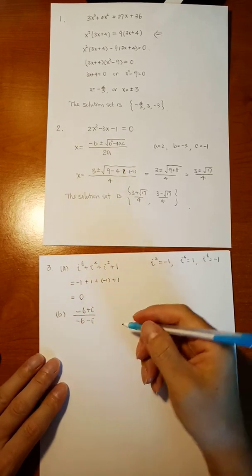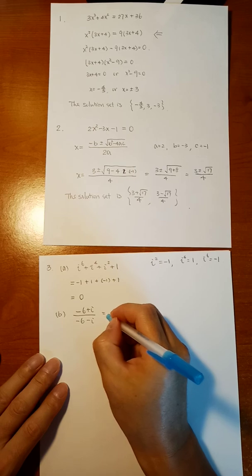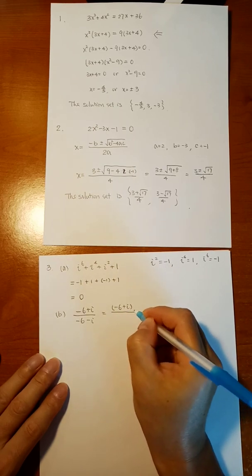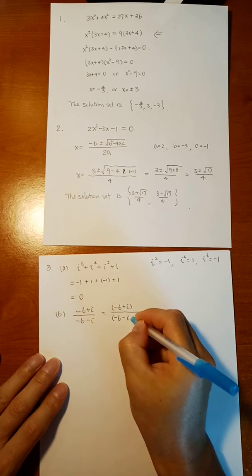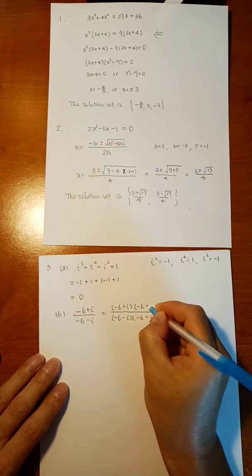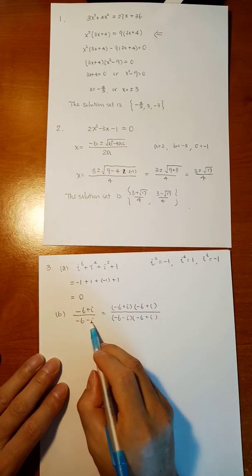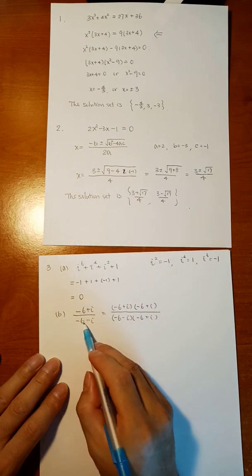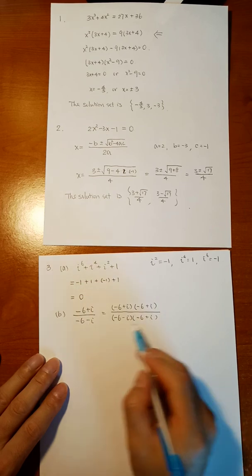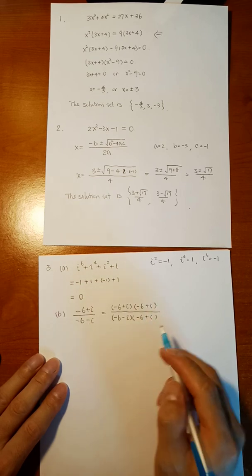When we do the quotient of two complex numbers, we're going to multiply top and bottom by the complex conjugate of the denominator. Okay, the denominator is -6 minus i. Its conjugate is -6 plus i.